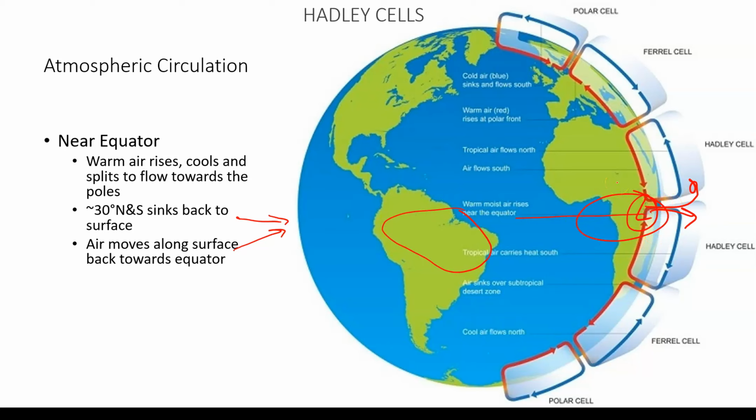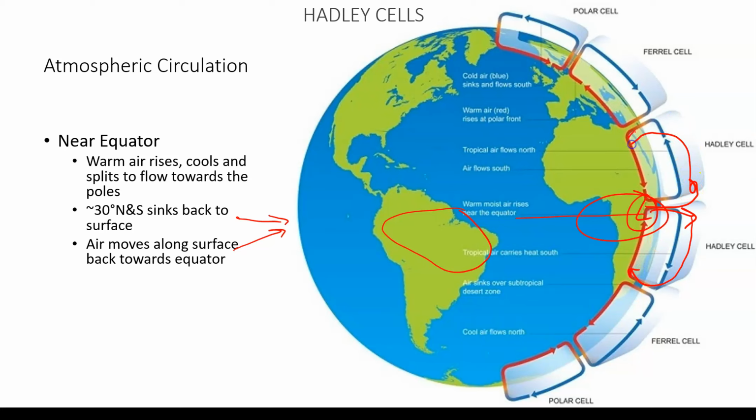Okay. Now, notice along the equator is where we tend to have those tropical rainforests, right? That's because we have an ongoing process of rising air at the equator, which, as I mentioned before, correlates well with increased precipitation. Okay, now that air enters the upper atmosphere, cools off, and sinks.